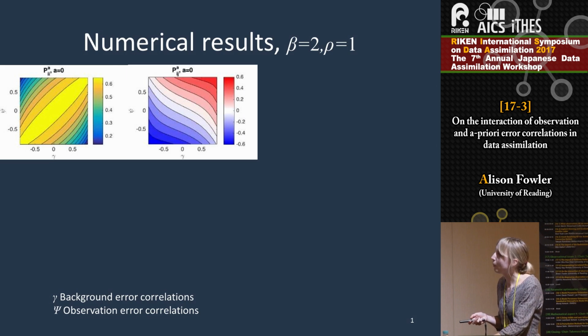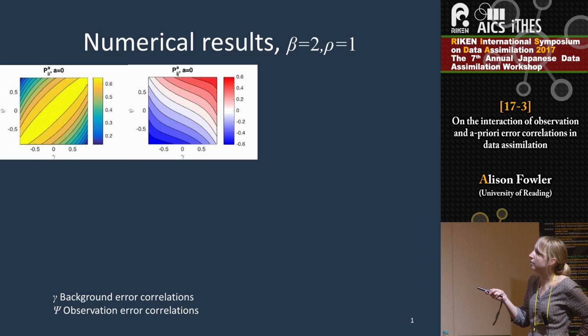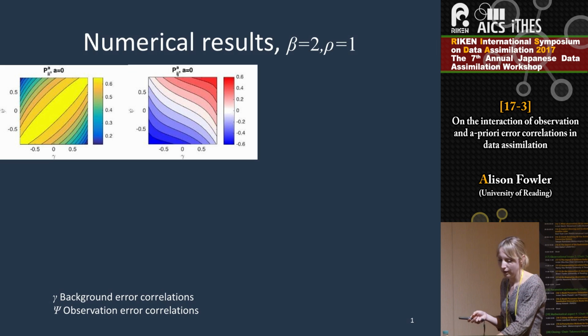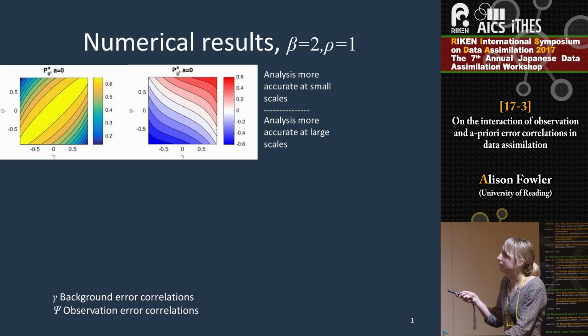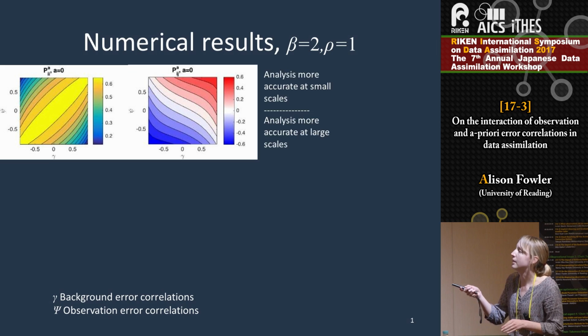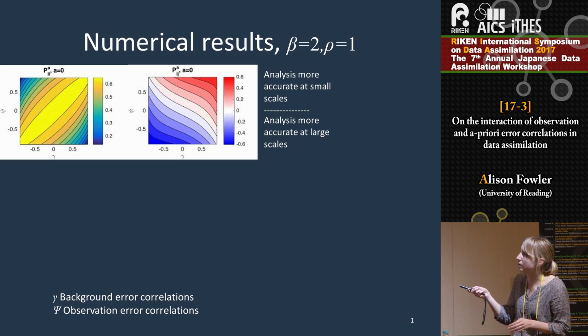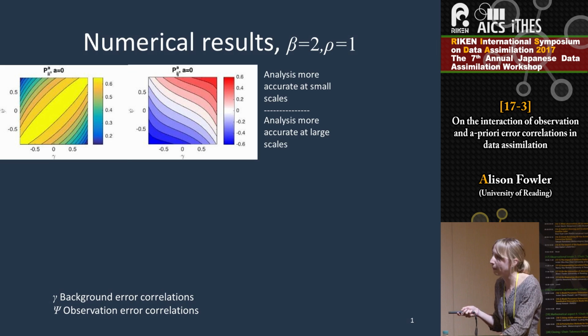This is corroborated by looking at the analysis error correlations, where along this diagonal we get close to 0 correlation. So it's been reduced more in all directions. And just to remind you, the sign of the analysis error correlations tells you about the scales that the analysis is most sensitive to.